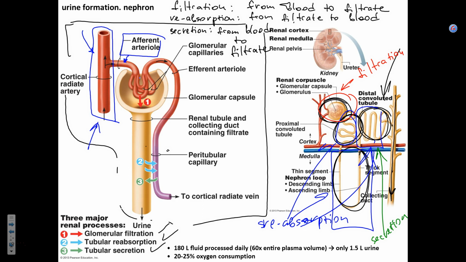So afferent arteriole enters the glomerular capsule and branches, I'm sorry, into glomerular capillaries. Can you see that? Glomerular capillaries then merge and form efferent arteriole. The word efferent in this case refers to something that leaves, yes. So afferent arteriole enters the glomerular capsule, forms a capillary bed, glomerular capillary bed, and then glomerular capillary bed drains into efferent arteriole.